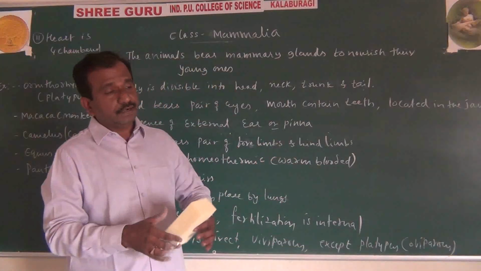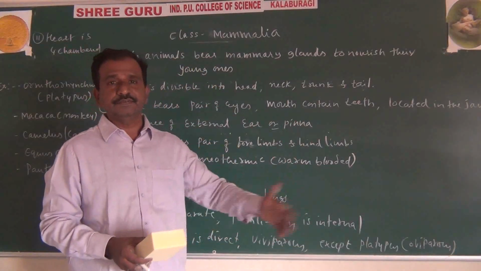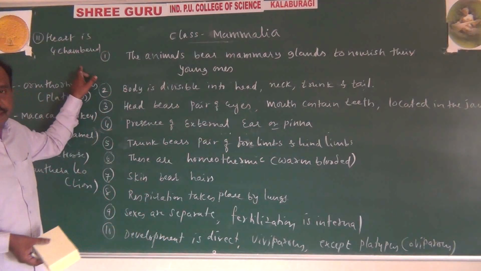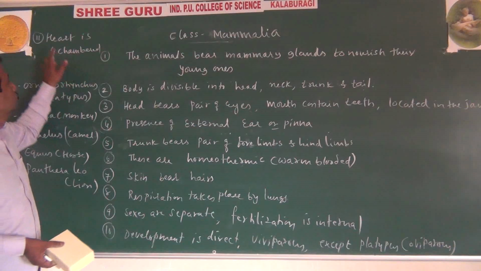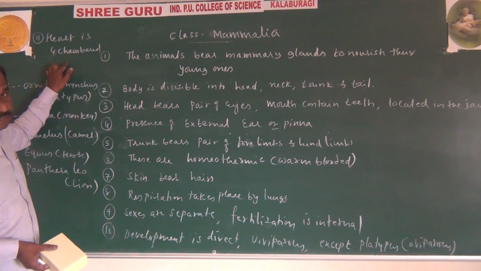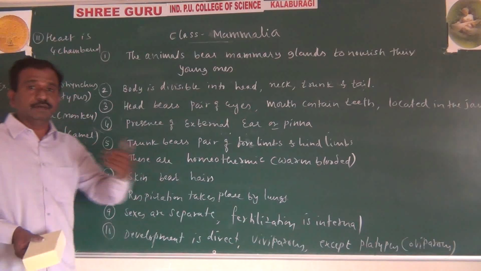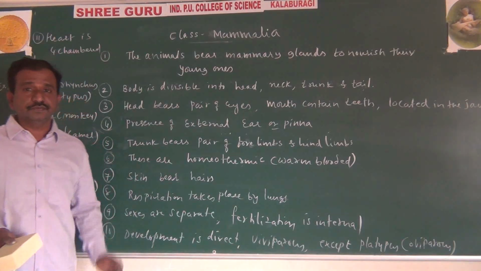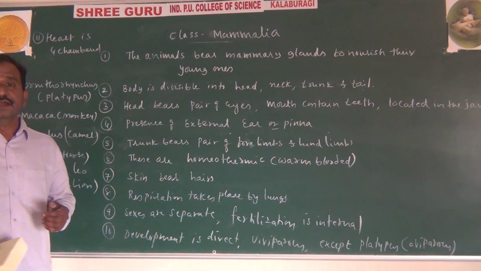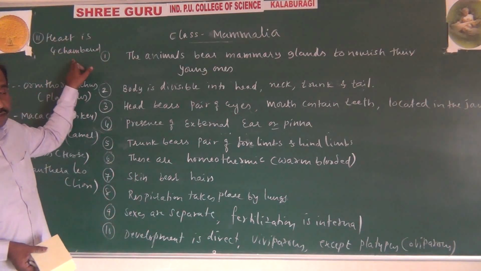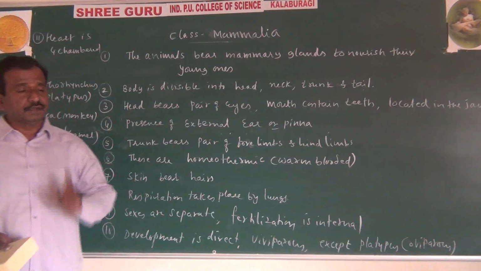So keeping in mind one example, either pigeon, parrot or hen, go on writing the characters without learning by heart. Heart is four-chambered, meaning two auricles and two ventricles. Hence double circulation takes place, which is advantageous, so that mixing of the blood does not take place.